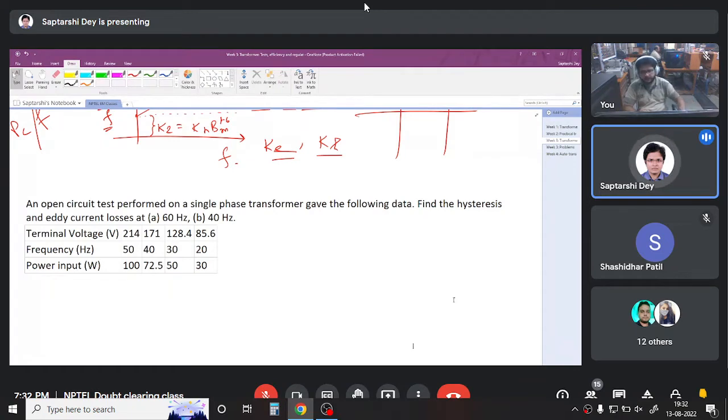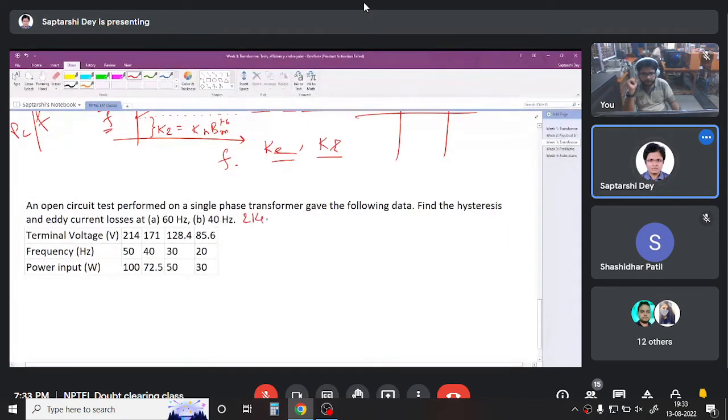Exactly what I discussed just now. Open circuit test performed on a single phase transformer gave the following data. Find the hysteresis and eddy current losses at 60 Hz, 40 Hz. Voltage is not mentioned, say at 214 volt.